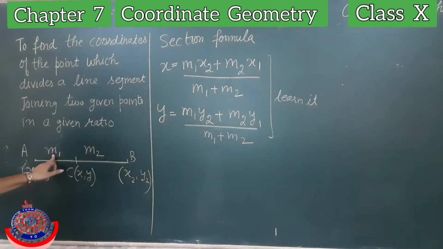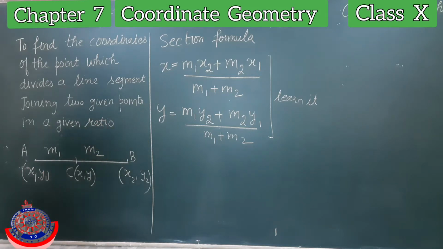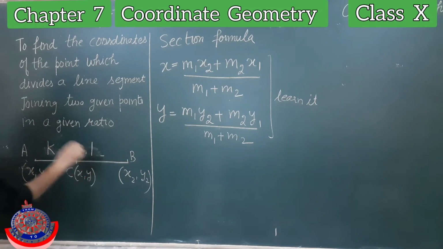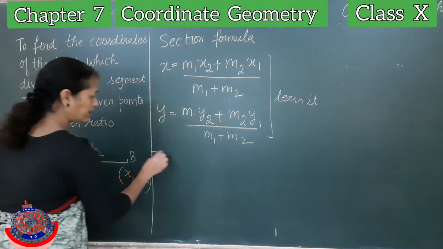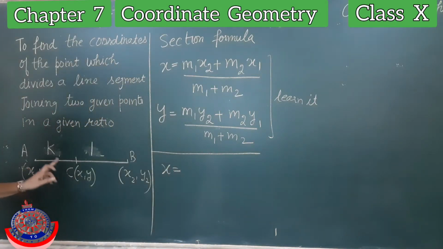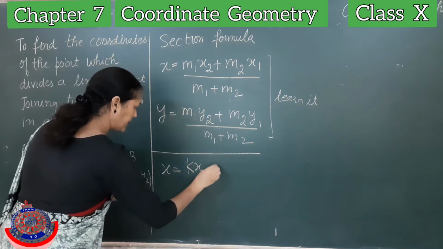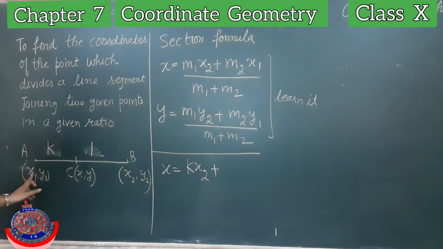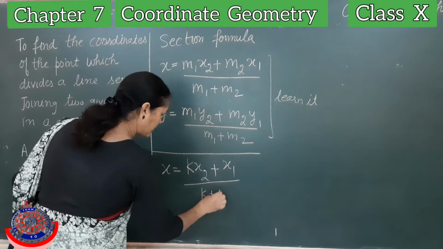We can take this ratio in place of m1 m2, as k and 1 also. Some students feel it easy with k and 1. So if you take the ratio as k is to 1, then how will we write the formula? x is equal to k into x2 plus 1 into x1, that is x1 only, upon k plus 1.